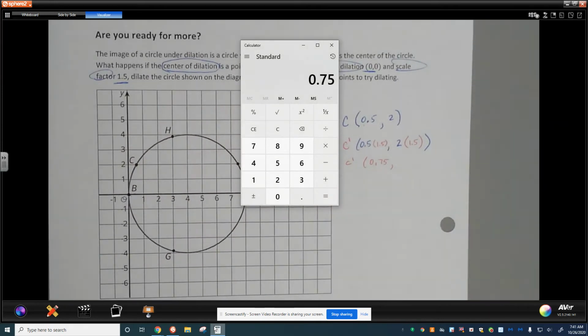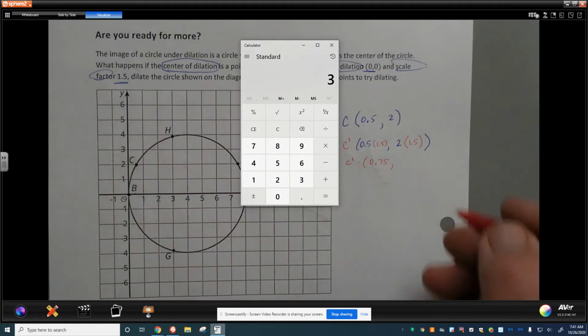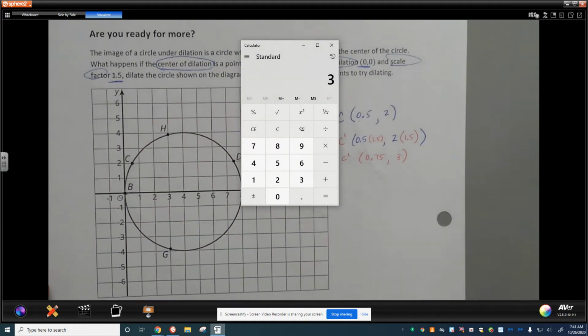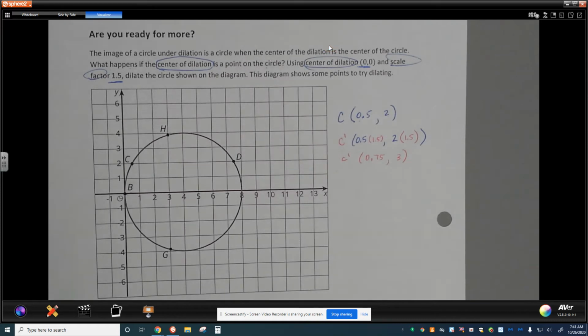And 2 times 1.5, well, 2 times 1 is 2, and 2 times 1/2 is 1. So we should see that 2 times 1.5 is 3. Very good. That's what it is. And so there's our new ordered pair that we'll go ahead and graph on the coordinate plane.